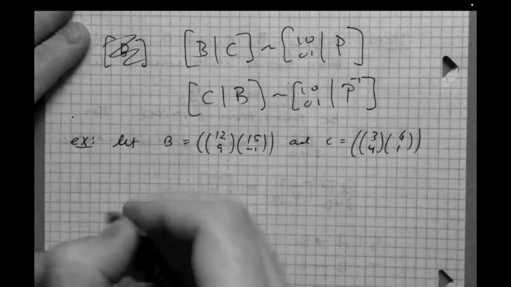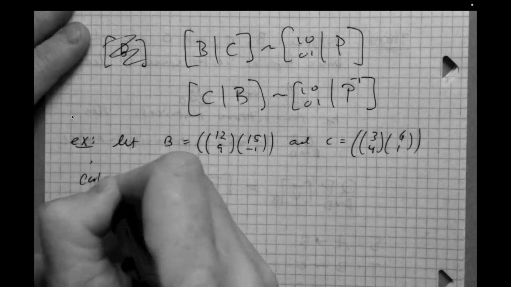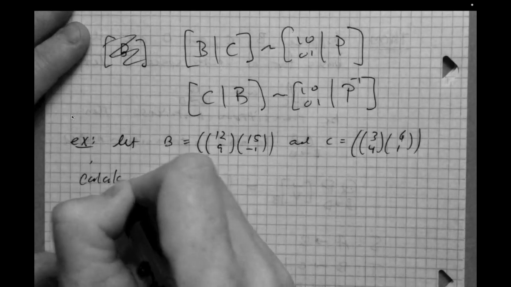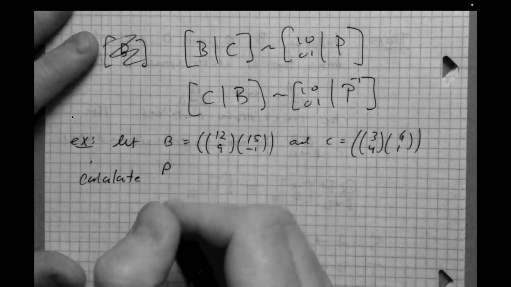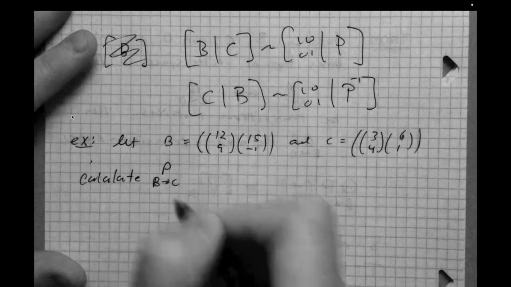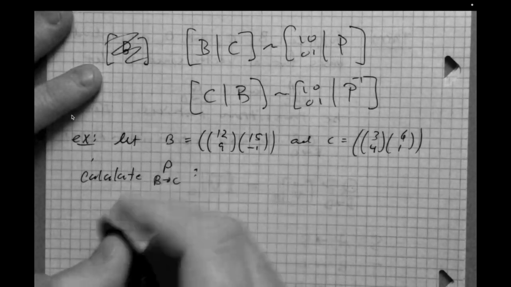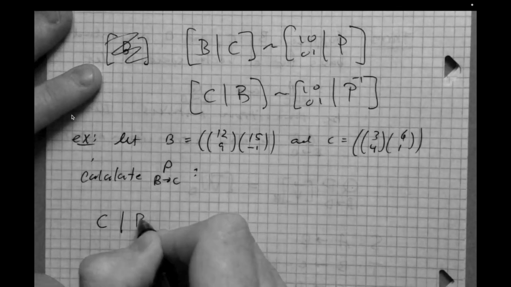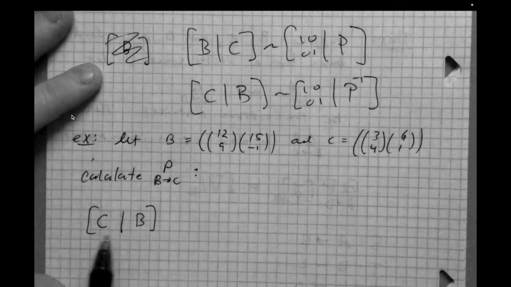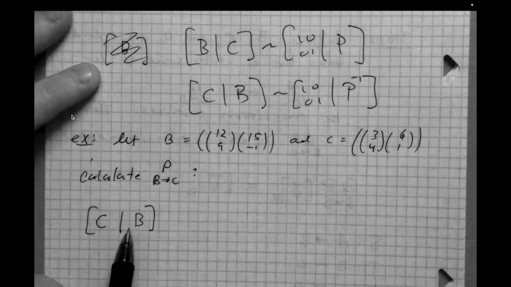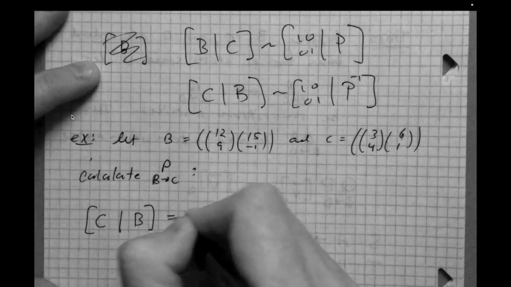Okay, so we'll start by calculating P from B to C. How are we going to do that? Well, we have to use this setup: we take C, augment with B, and then row reduce.